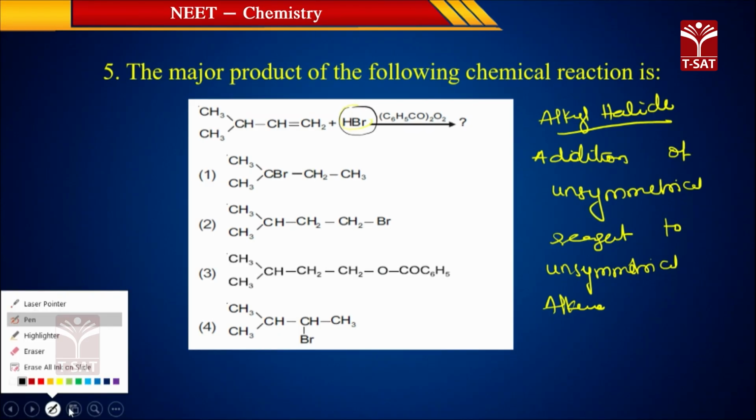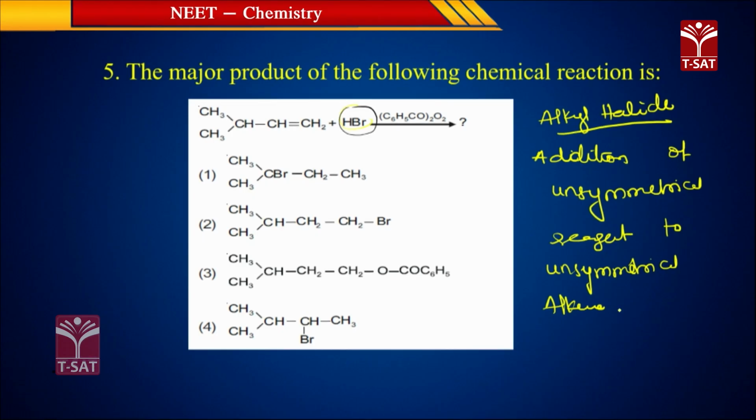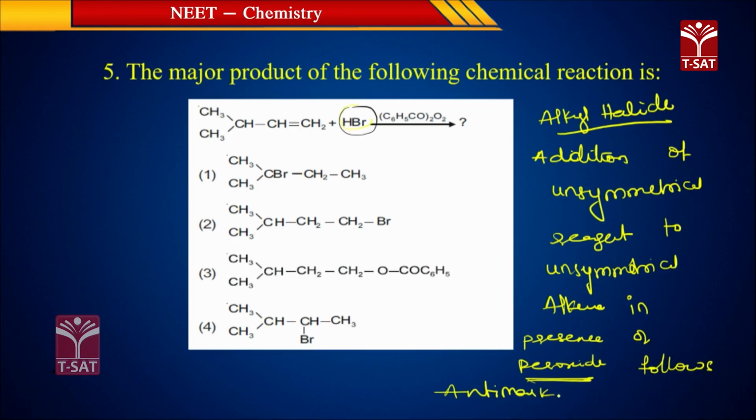And one more important thing is the presence of peroxide. In the presence of peroxide, it follows the anti-Markovnikov rule. In the absence of peroxide it follows Markovnikov, but in the presence of peroxide it follows anti-Markovnikov.